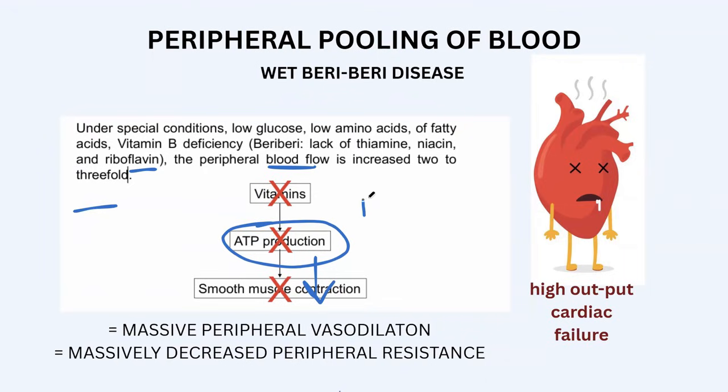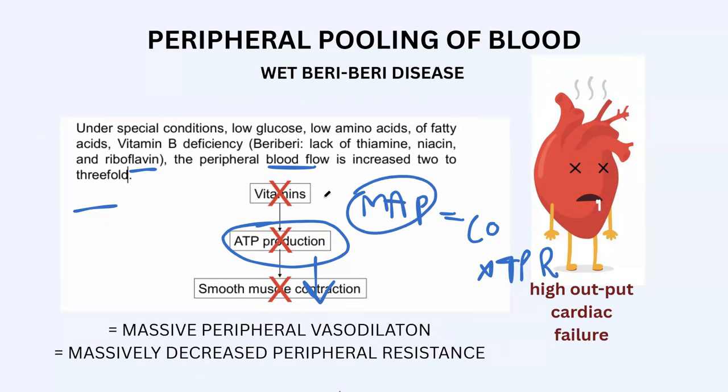Okay? Now think about this equation again, one more time. Mean arterial pressure equals cardiac output times TPR. Mean arterial pressure is something that you want to maintain at a level of X, for example.